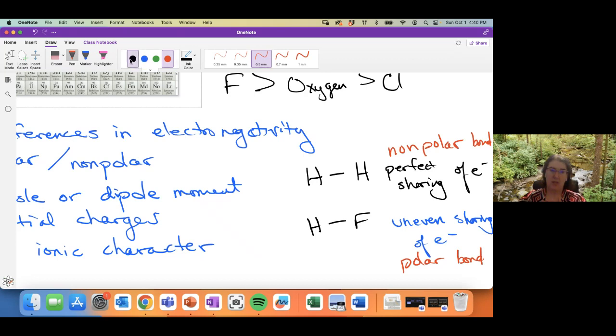So the notion here, and there are various pictures we can use, but essentially, think about the electron cloud around this molecule. If I have two hydrogens together, the electron density should be completely evenly distributed in between the two hydrogens. Neither hydrogen wants those electrons more than the other. Both of those hydrogens are basically hanging out with their covalent bonds nice and evenly distributed. The hydrogen with the fluorine, on the other hand, is not the same thing. It's going to look different.